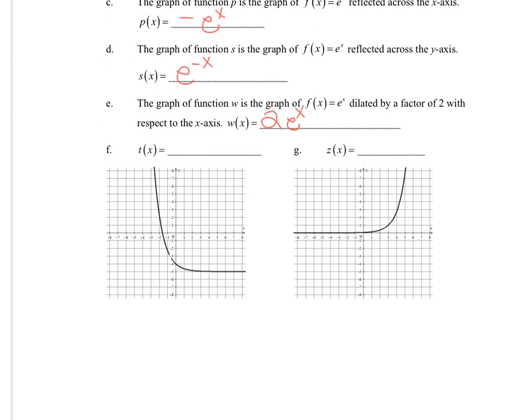All right, what happened here in f? Our asymptote got moved down here, so this is down 5. And instead of increasing, it's decreasing, so that was reflected over the y-axis.